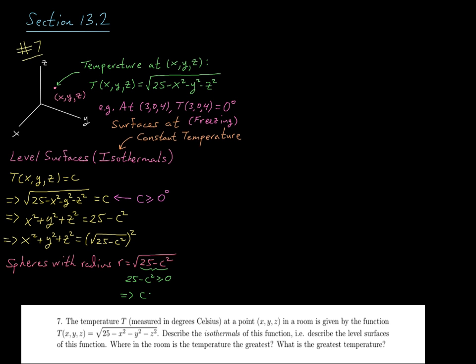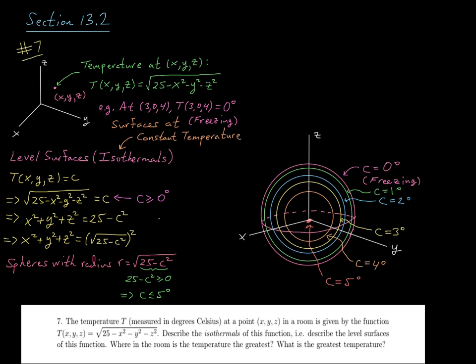That's saying that c has got to be less than or equal to 5 degrees. Okay, I can ignore the negative root because of this condition here that c can't be negative. So here this is just saying, well, our maximum temperature could be as large as 5 degrees Celsius. Okay, cool. So now let's go ahead and look at the graphs of these various isothermals.